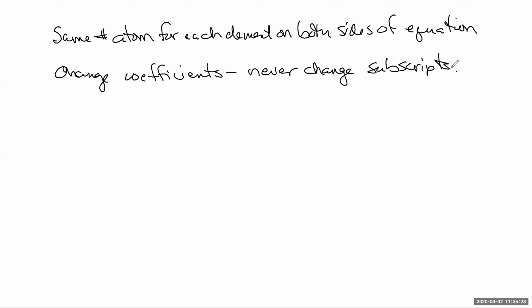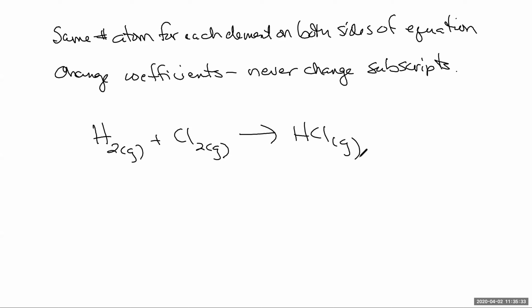If we started out with a nice simple equation, something like hydrogen gas plus chlorine gas turns into hydrogen chloride gas, I would ask you, is that equation balanced? The first thing you'd have to do is count how many atoms of each element are on each side. On the reactant side right here, we have 2 hydrogen atoms. But on the product side right now, we only have 1 hydrogen atom.